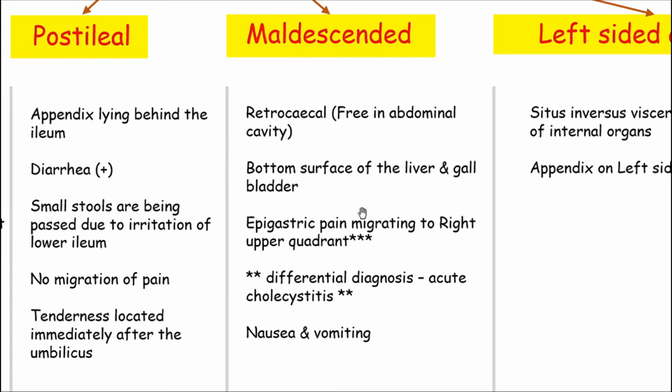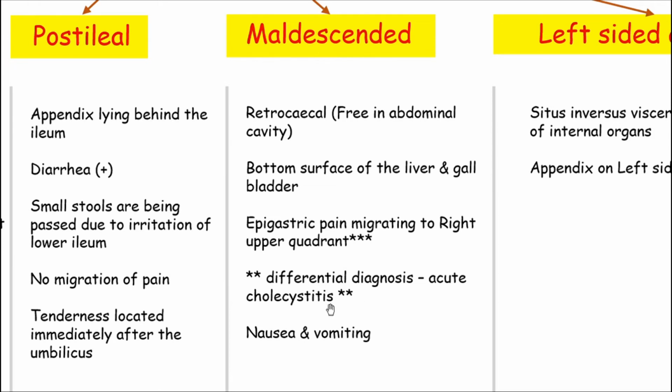So the pain starts from the epigastric region and then migrates all the way to the right upper quadrant. This point is very important because, as we know, right upper quadrant pain is also there for acute cholecystitis.